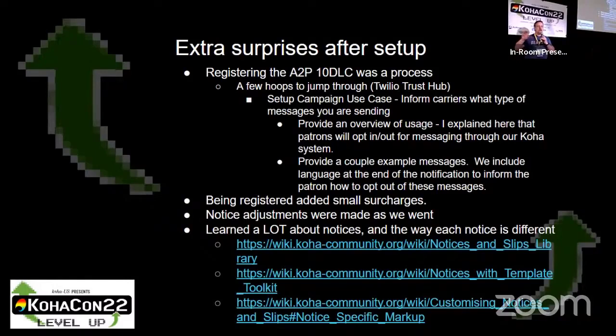And like I said, it didn't work straight across every single notice. Every notice was a little bit different. So it's important to look at this stuff when you are constructing your notifications. And not just for phone notifications, for text messages, that's very important. For your print notifications, this is good stuff to know when you're doing any kind of notifications.